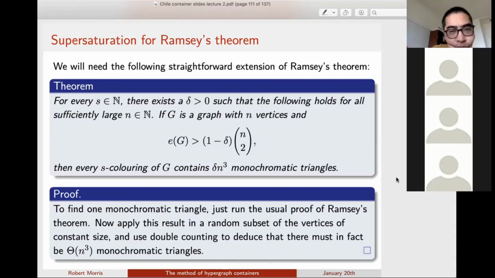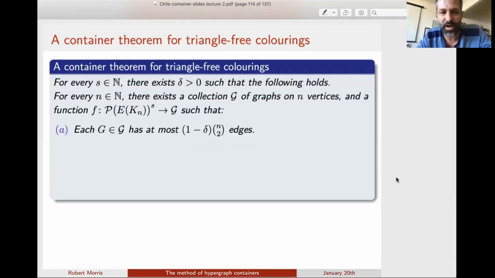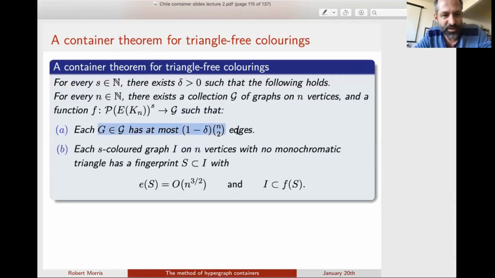So the assumption only fails when the union of our S graphs, of the S different colors, has fewer than (1 minus delta) times n choose 2 edges. And that's why we have this condition. We can continue until each container, meaning the union of the colors, has at most (1 minus delta) times n choose 2 edges.